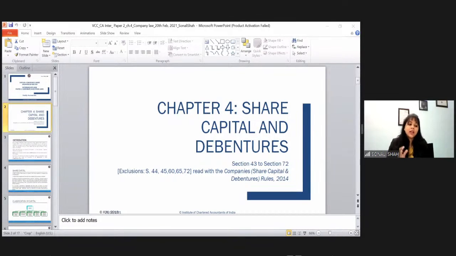When you look at the private placement provision, it says that the limit is an aggregate of 200 in one financial year for each class of securities. However, when the offer is by a private company, we have to ensure that at no point the number of members exceeds 200, right?